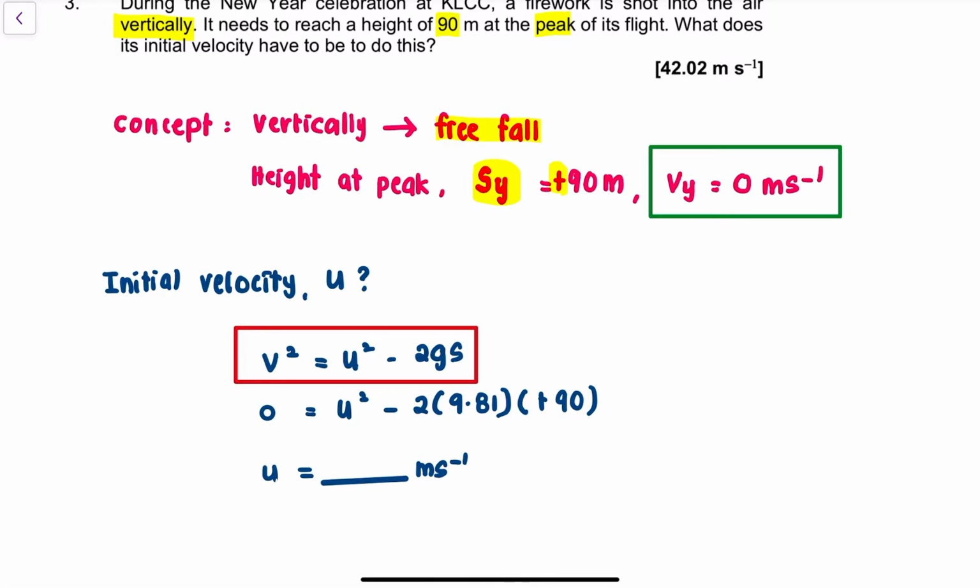Using the equation v squared equals u squared minus 2gs, we substitute the value of final velocity 0, and then you can determine the value of initial velocity in meter per second.